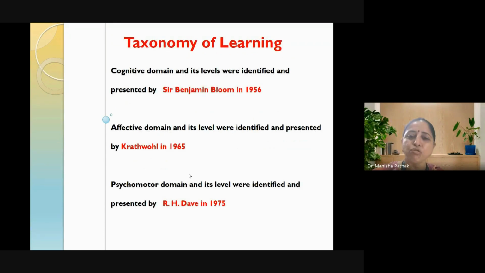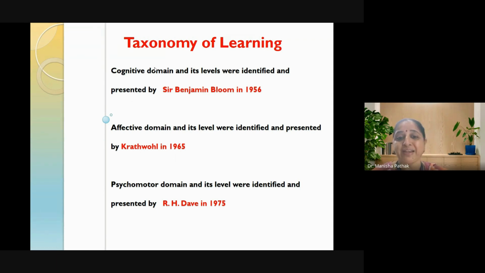If we look more into this taxonomy of learning, I believe you are now clear with the concept of the cognitive domain, where knowledge enhancement happens and different levels are involved in cognition. As I mentioned, it was first proposed by Sir Benjamin Bloom long back in 1956. This motivated other educators as well.